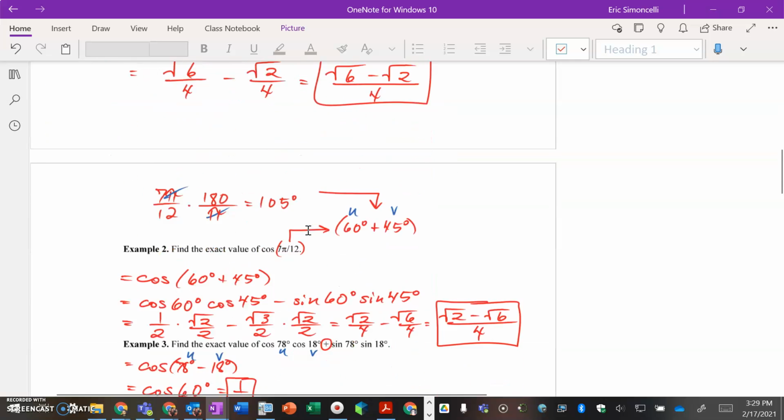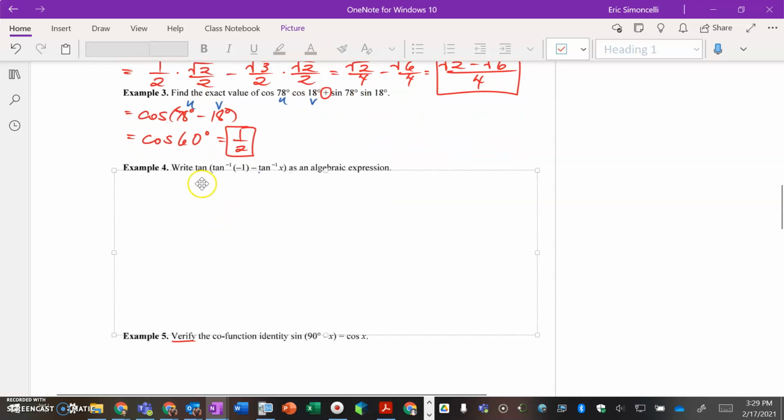So if I assess things, the tangent of this quantity right here we're going to denote as u, while this entire quantity here is v. So in essence, we're looking at the tangent of u minus v.